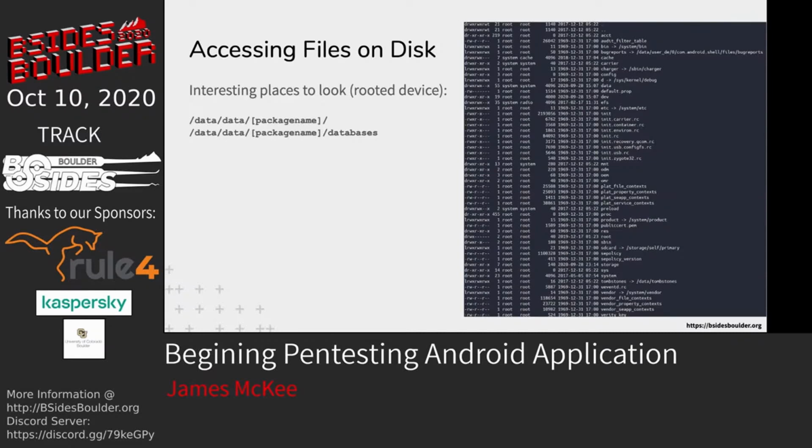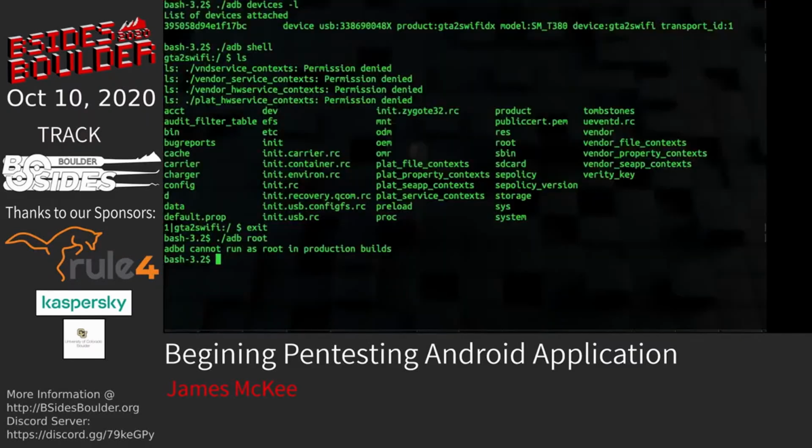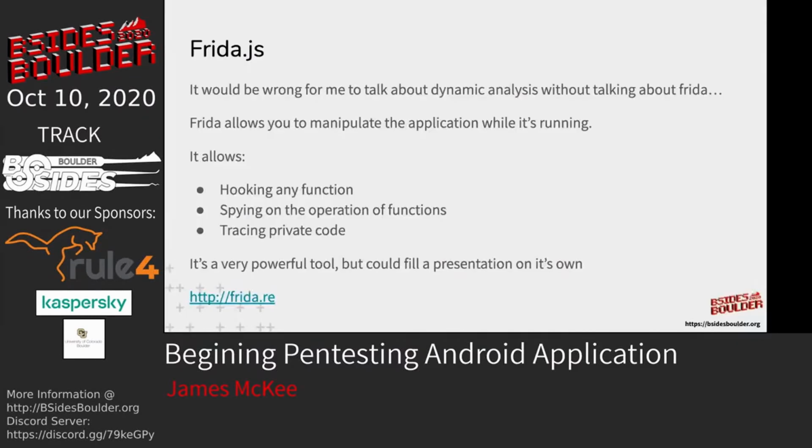It has to be somewhere on the device, and this really helps us to get to that. We move it to a root, but since this is a production device, this is my Samsung tablet, you're not actually going to be able to get root on the device. Again, this is something that's easy enough to do if you've got a virtual machine running or if you've got a rooted Android device.